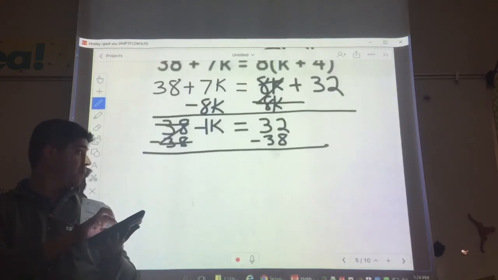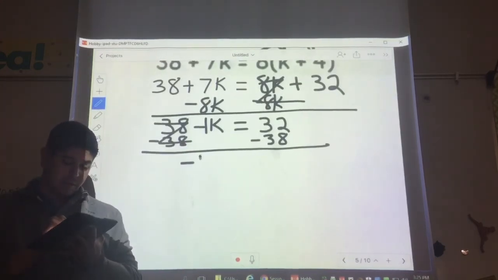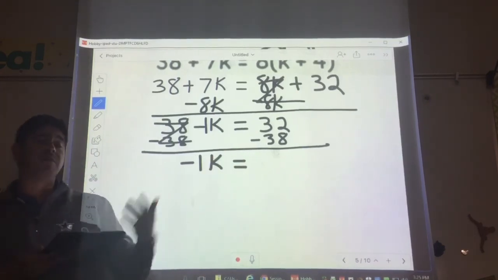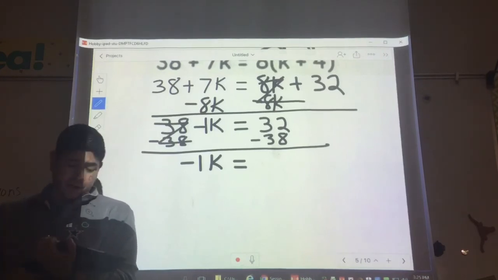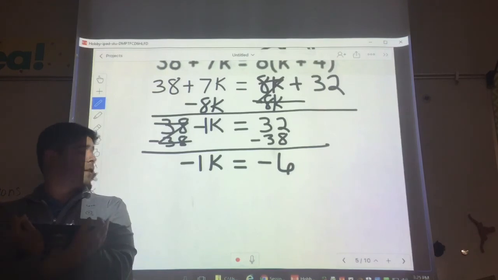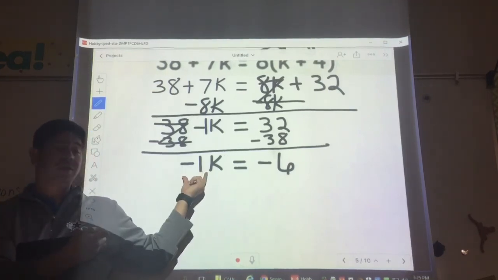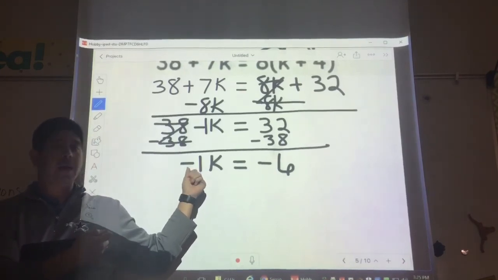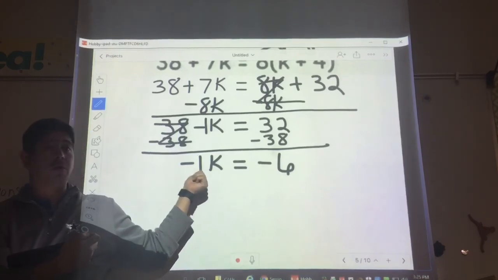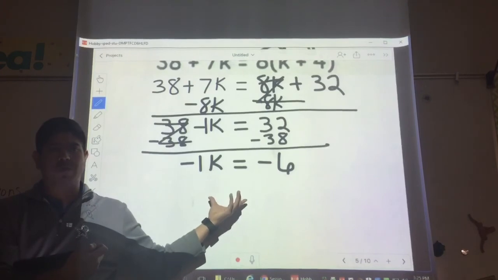Let me move this up some. The minus 1k, or negative 1k, will come down. And then that equals 32 minus 38, which is negative 6. So now we're left with negative 1k. What we're going to do is divide by the coefficient in front of the variable. In this case, it's a negative 1. If it was a positive 1, you wouldn't have to do it, it's just dividing by 1.